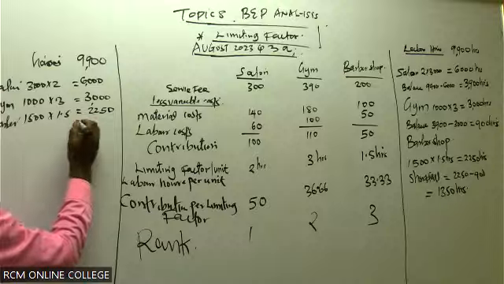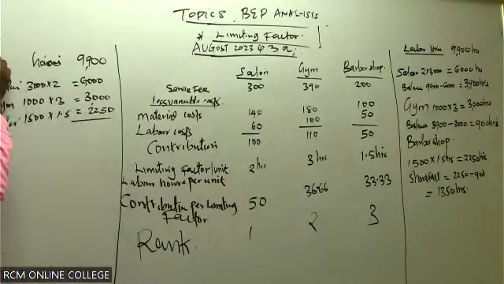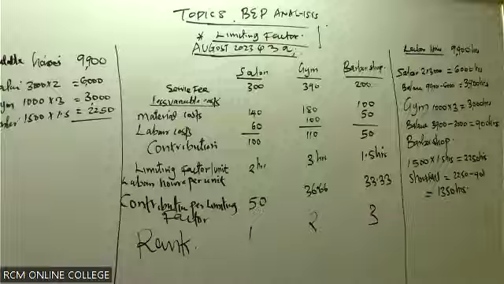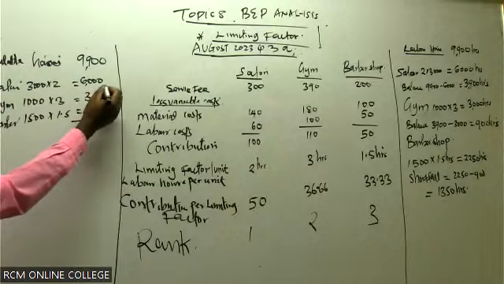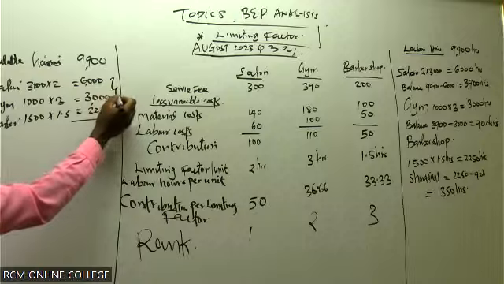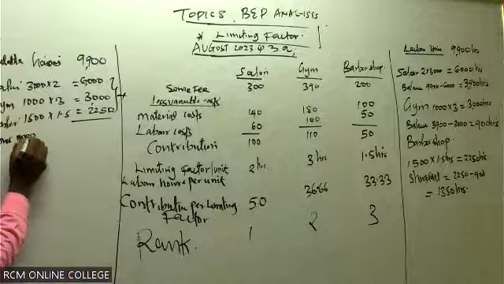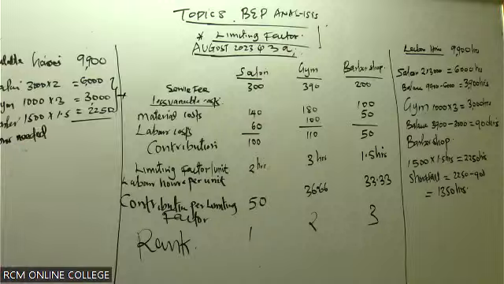So we have hours available, then we have hours needed. The hours needed, we basically add these ones here. If you add everything, what is the total?